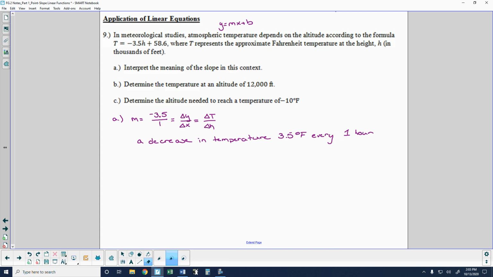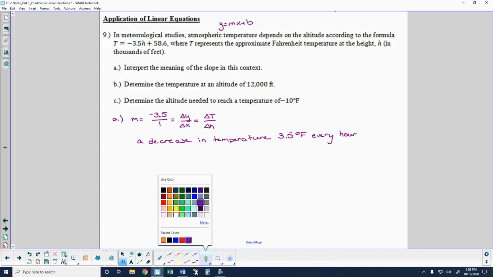So every hour there's a decrease of temperature by 3.5 degrees Fahrenheit. And so that's basically what the slope means in this context. So if we can take that slope into change in y over change in x and represent change in y and change in x in terms of our problem, then we can see what the number actually represents.